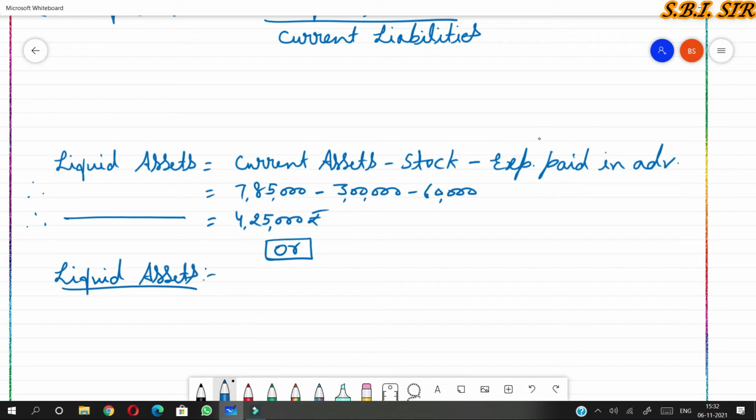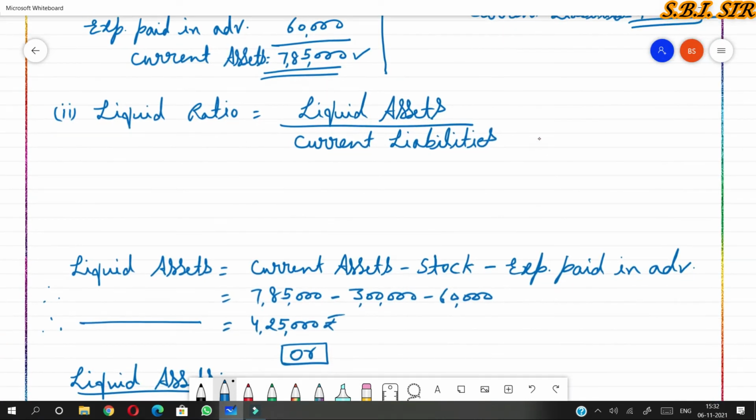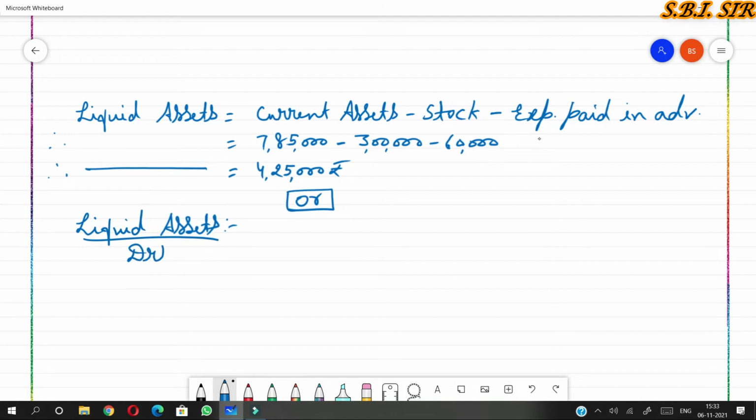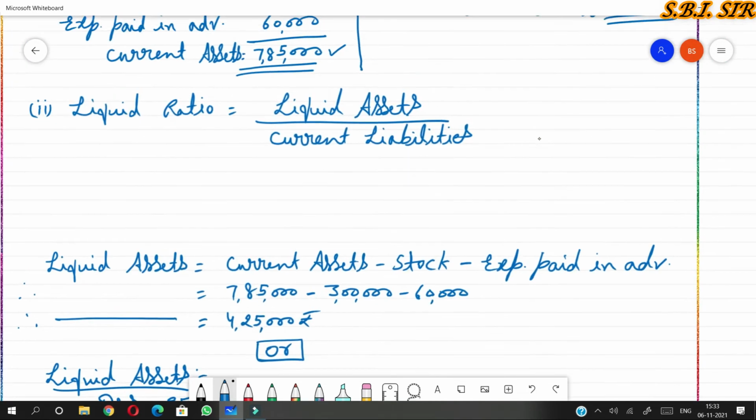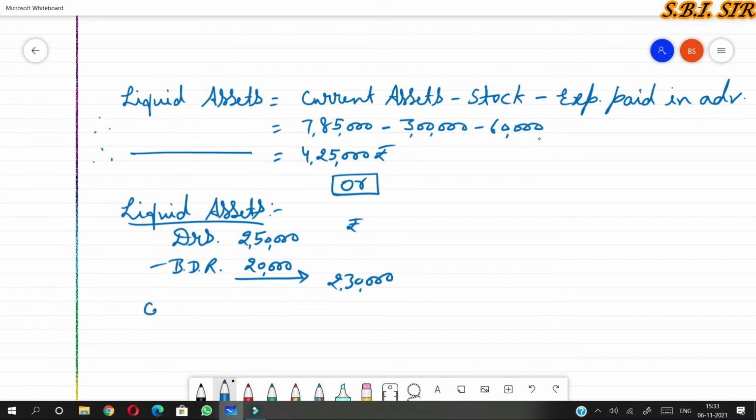You have to make total only liquid assets, and in liquid assets debtors, 2 lakh 50,000 minus BDR 20,000, outer side 2,30,000. Cash and cash equivalent 1 lakh 20,000, and bills receivable 75,000.